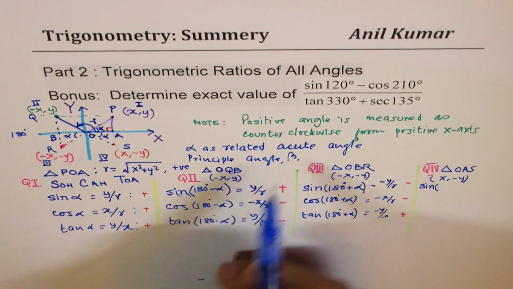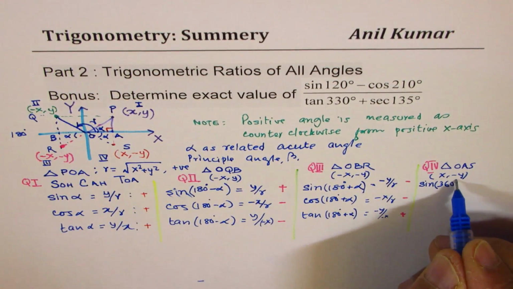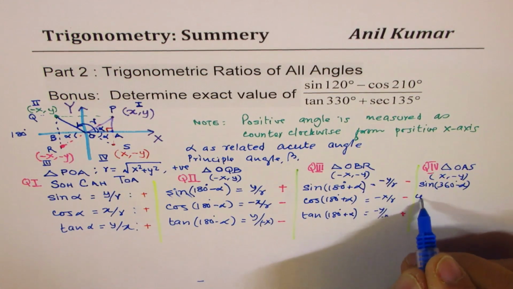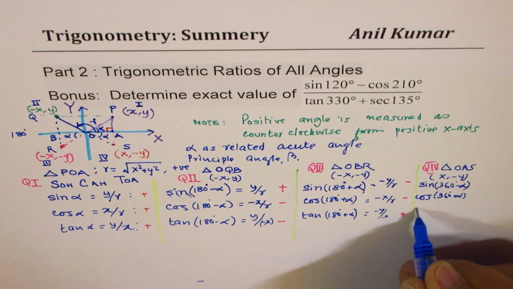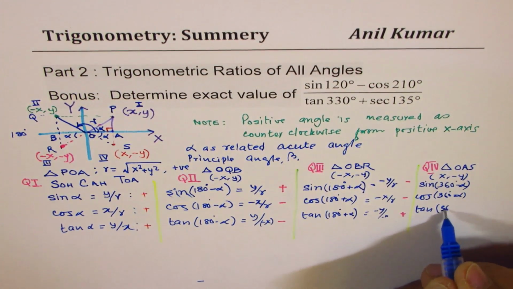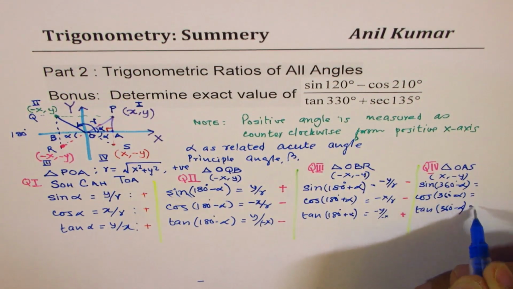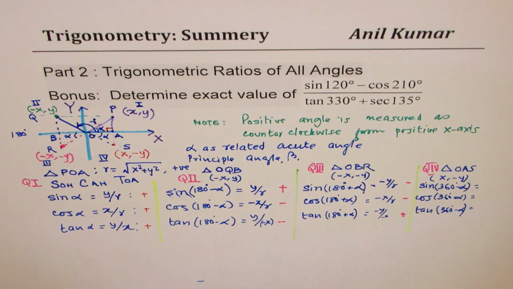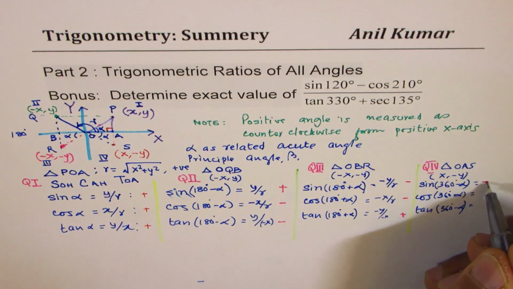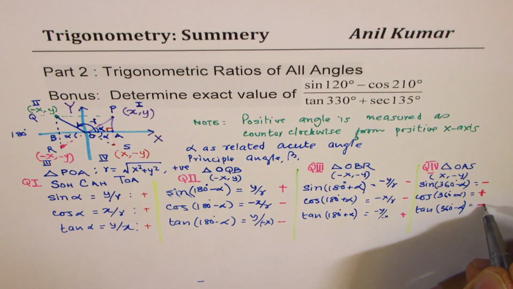So the principal angle beta, in this case, should be written as 360 degrees minus alpha, cos of 360 degrees minus alpha, tan of 360 degrees minus alpha. Now if you check their signs using what we did so far, I think you can clearly see that sine is negative, but cosine is positive, and tan is negative, right?